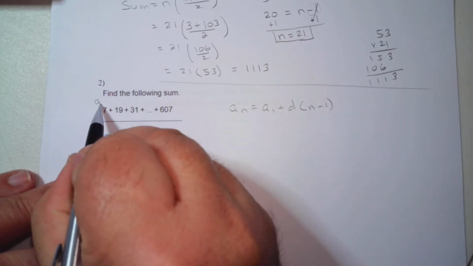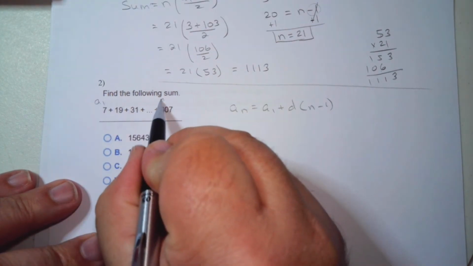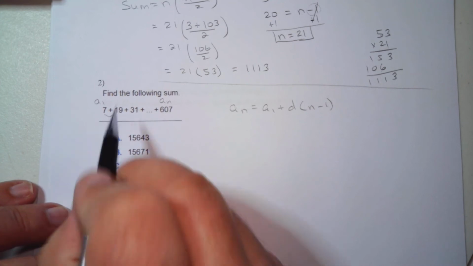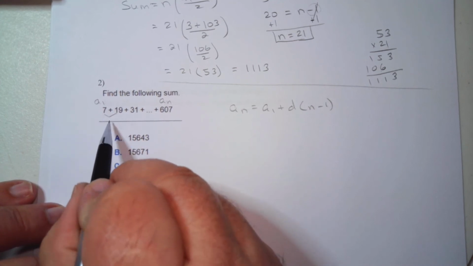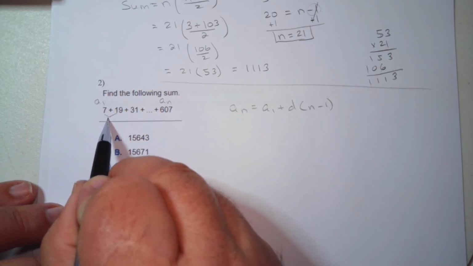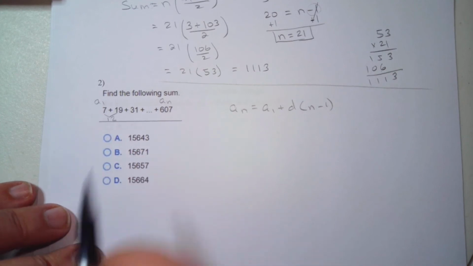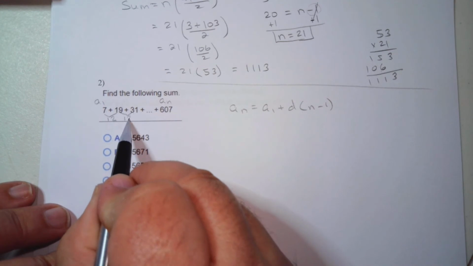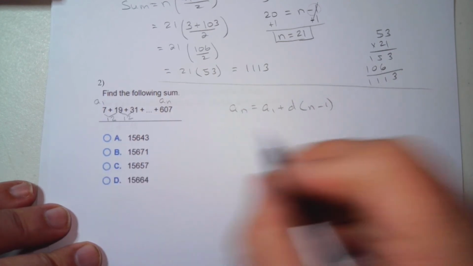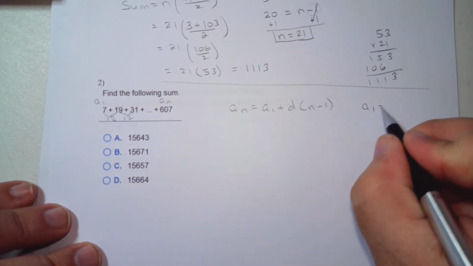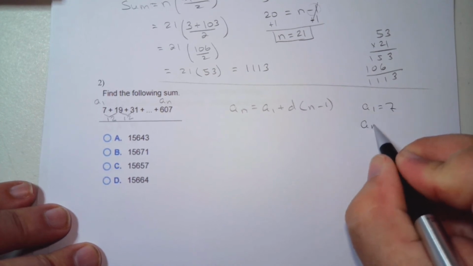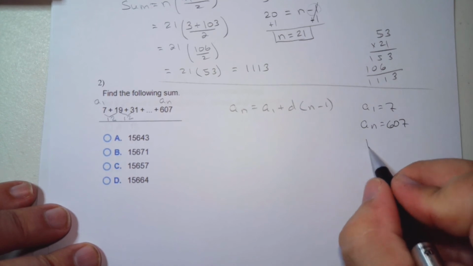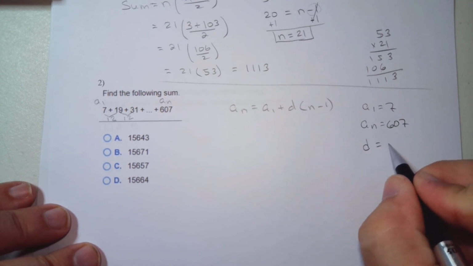Remember, our first term is A1, our last term is AN, and the difference: 19 minus 7 is 12. 31 minus 19 is 12. So we know our A1 is 7, AN is 607, and D is equal to 12.